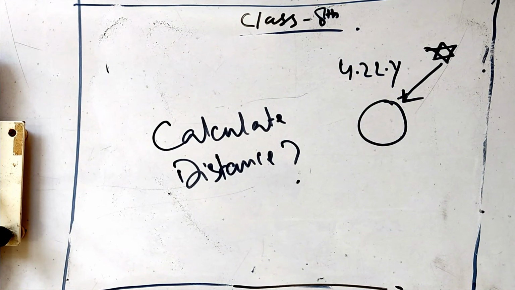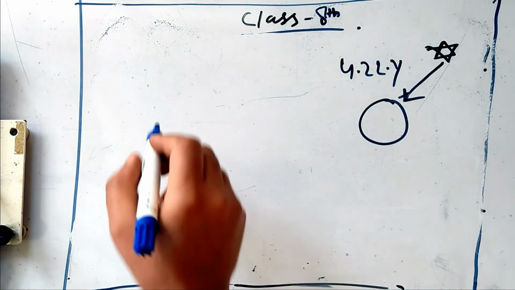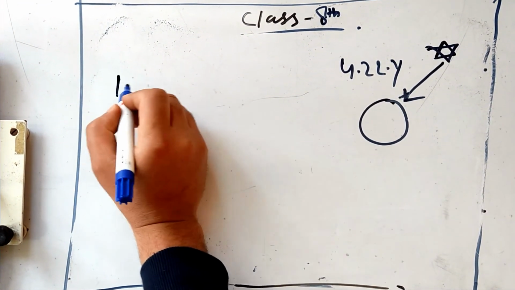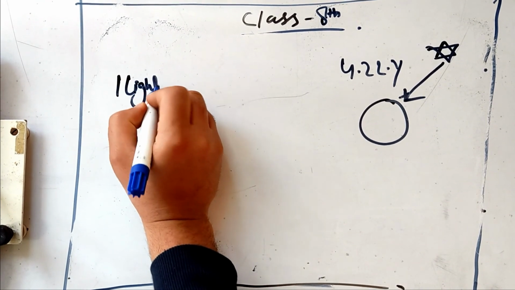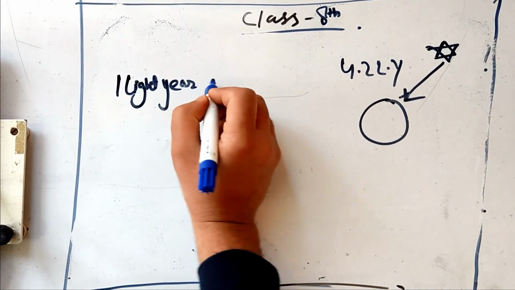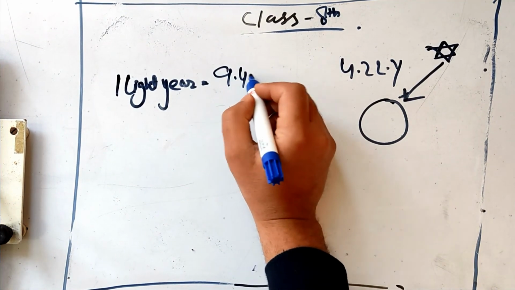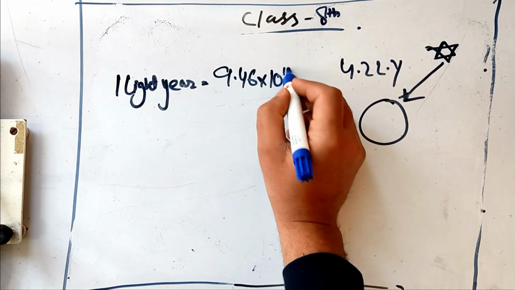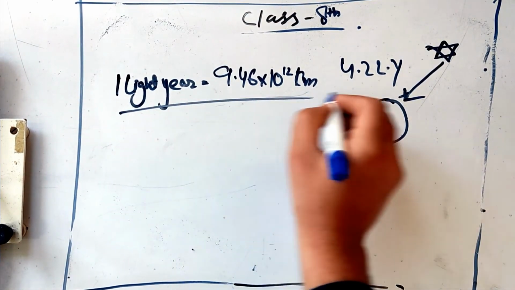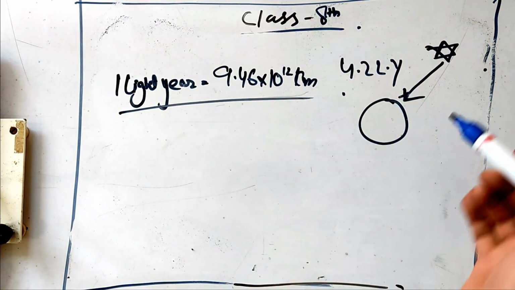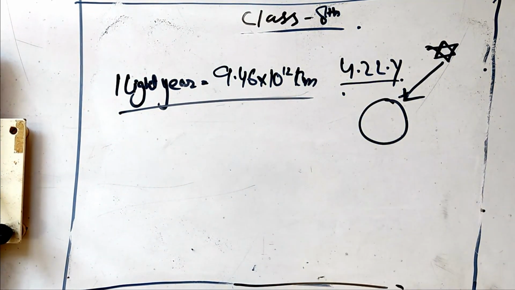So let's do the question. We know that 1 light year is equal to 9.46 into 10 raised power 12 kilometers. But the question states that it takes 4.2 light years to reach Earth.